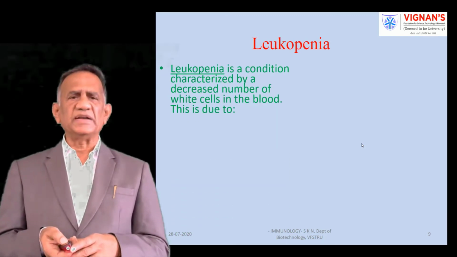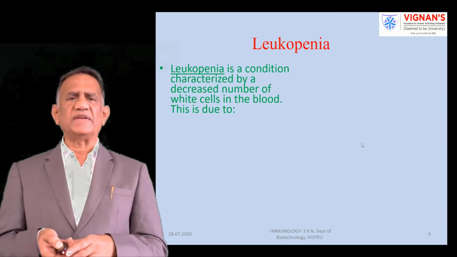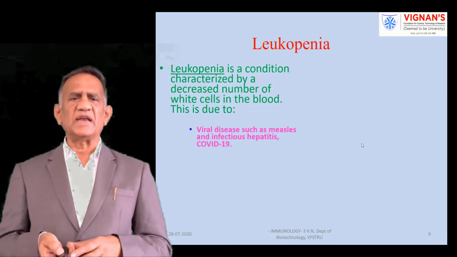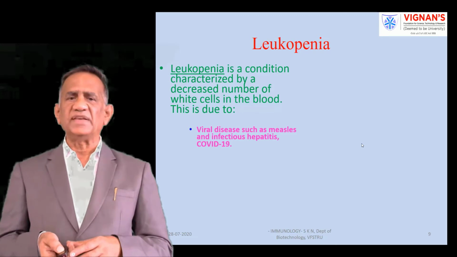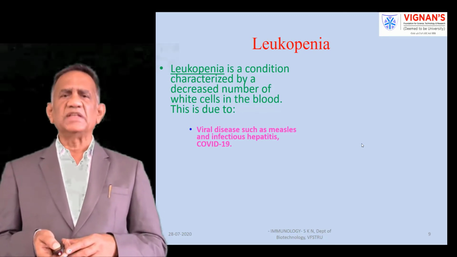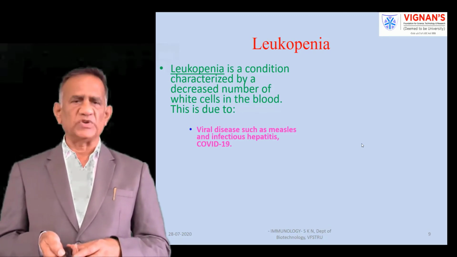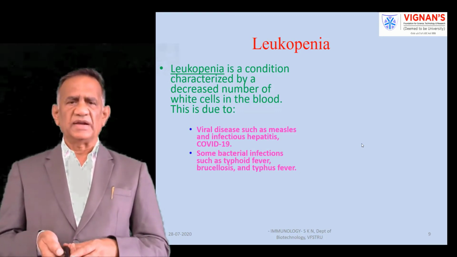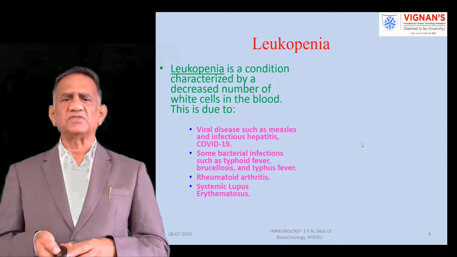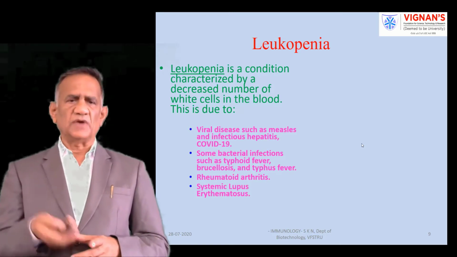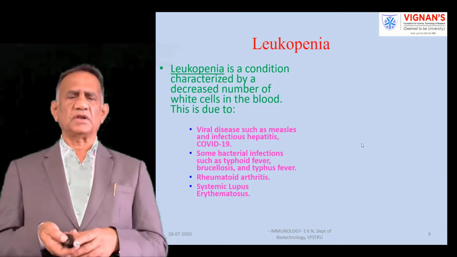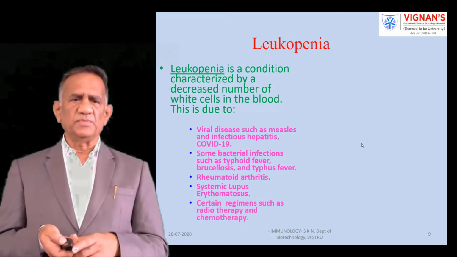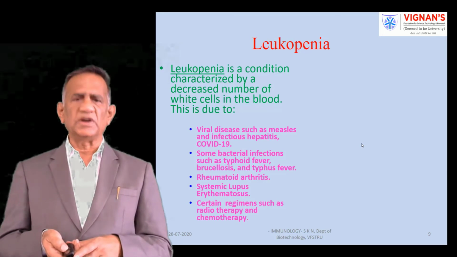And leukopenia is a condition characterized by a decrease in the number of white cells in the blood. The decrease in the number of white blood cells is due to viral infections. Now people are saying even COVID-19 causes a decrease in the number of WBCs. That's a leukopenia situation. Some bacterial infections such as typhoid fever and typhus fever reduce it, rheumatoid arthritis reduces it, and the autoimmune disorder called systemic lupus erythematosus also decreases the number of WBCs, and so do certain regimens such as radiotherapy.